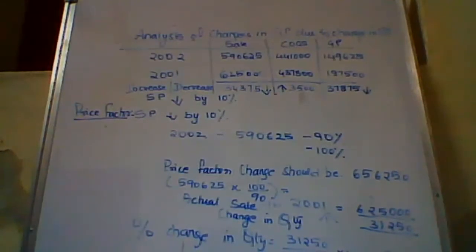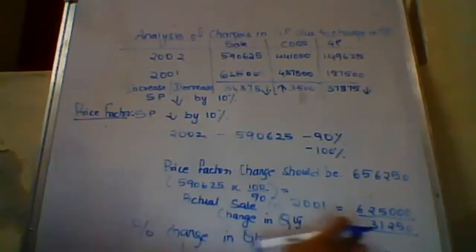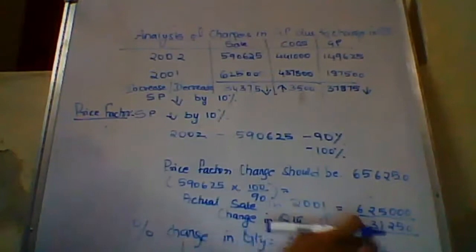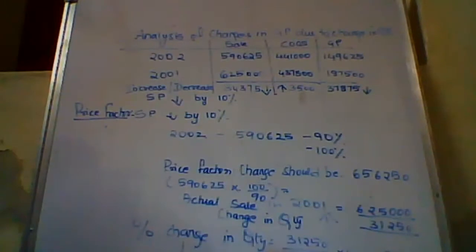The quantity increase which is there is 31,250. How did I get the percentage? 31,250 divided by 6,25,000. Percentage changes will always be calculated with the change divided by base year into 100, or you say previous year.